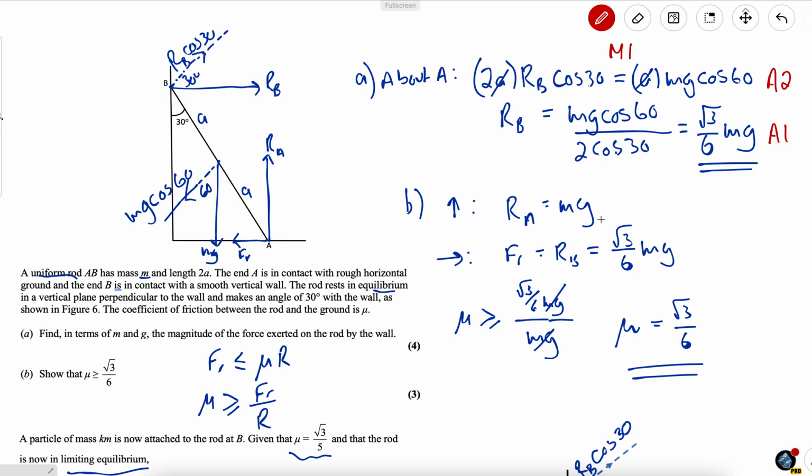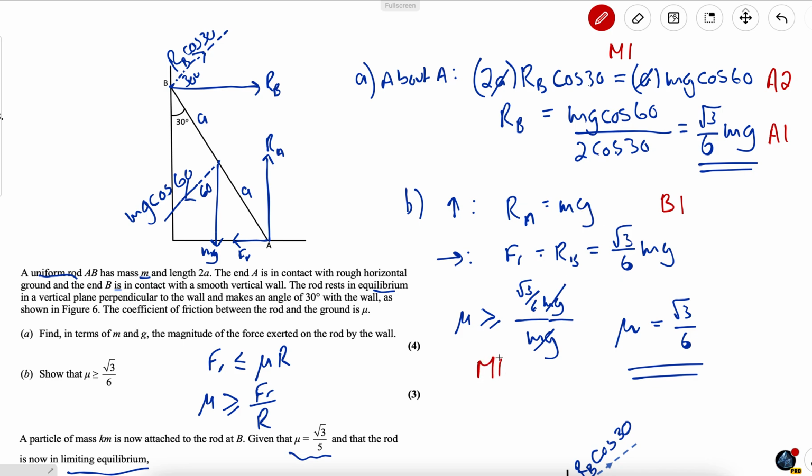For part B, there's an understanding mark for resolving vertically and horizontally. And then there's a method mark for writing these inequality with these values in.